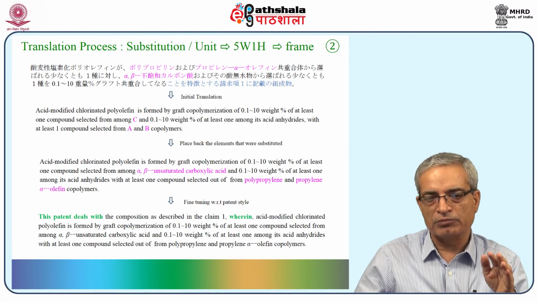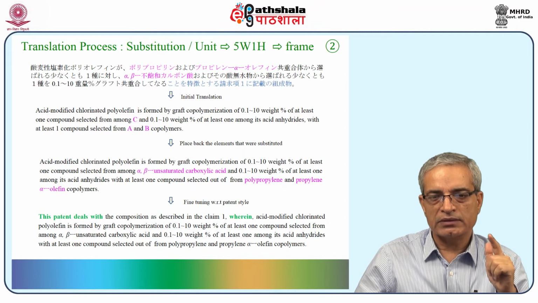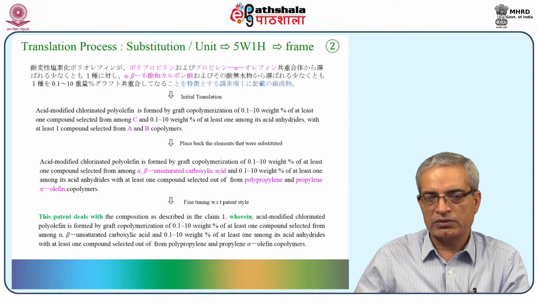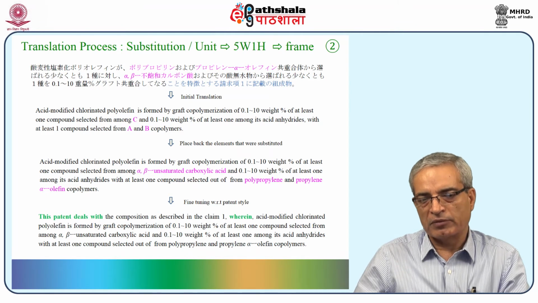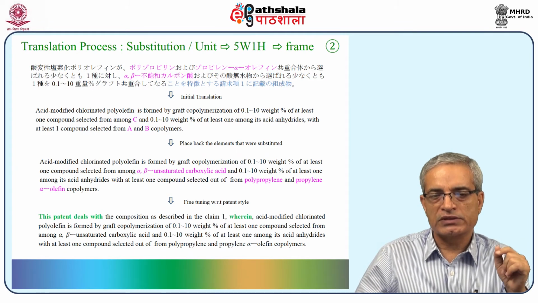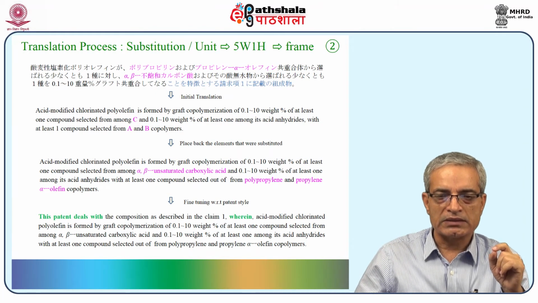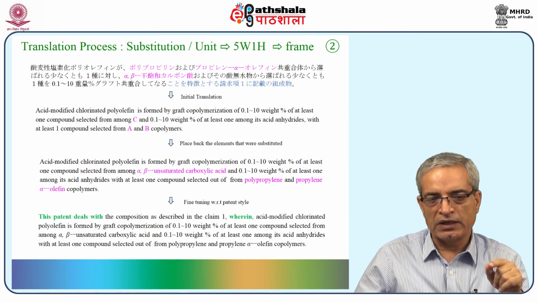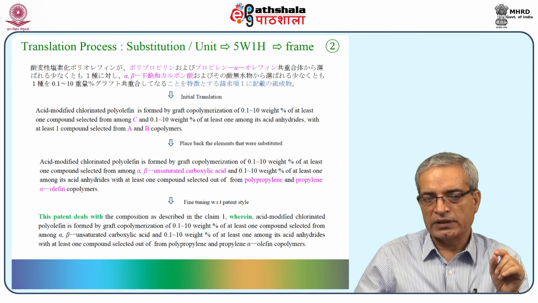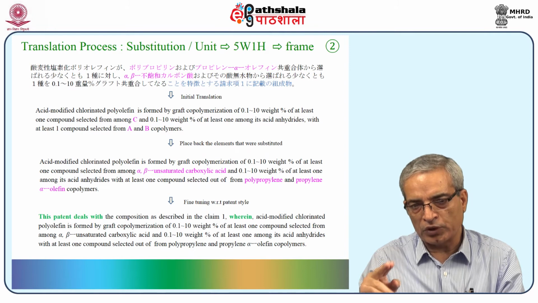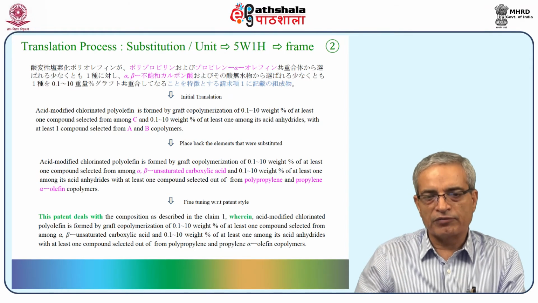So this patent deals with the composition as described in claim 1, wherein acid modified chlorinated polyolefin is formed by graft copolymerization of 0.1 to 10 weight percent of at least one compound selected from among alpha beta unsaturated carboxylic acid and 0.1 to 10 weight percent of at least one among its acid anhydrides, with at least one compound selected out of polypropylene and propylene alpha olefin copolymers.